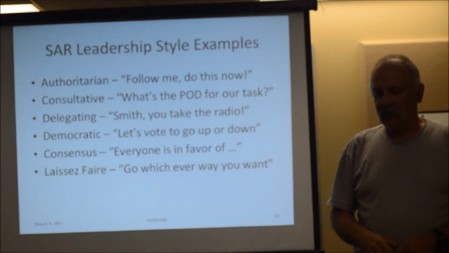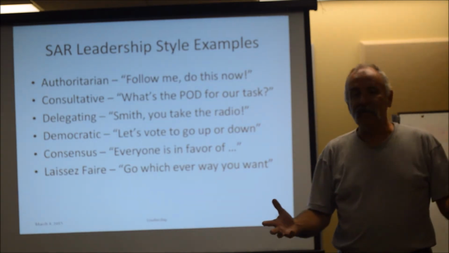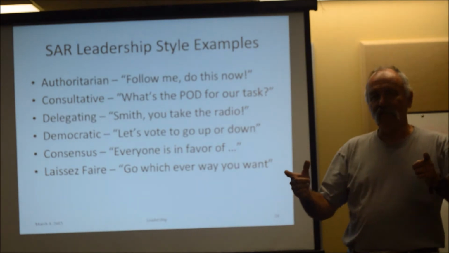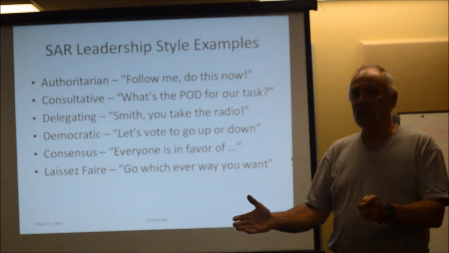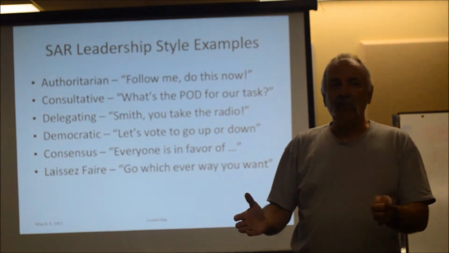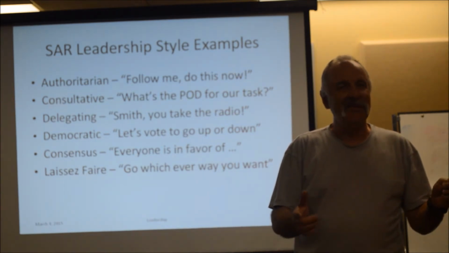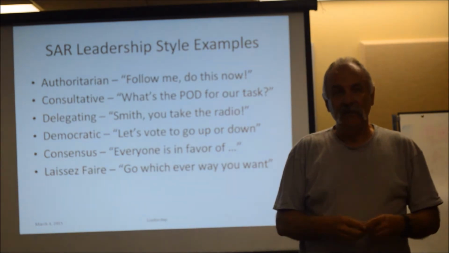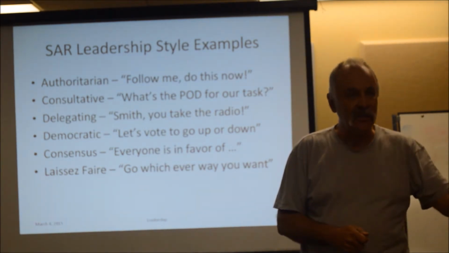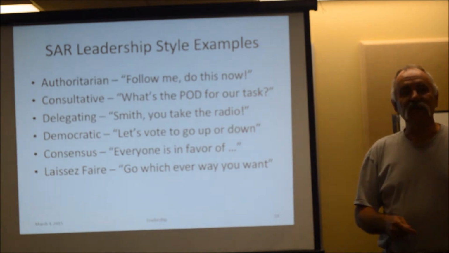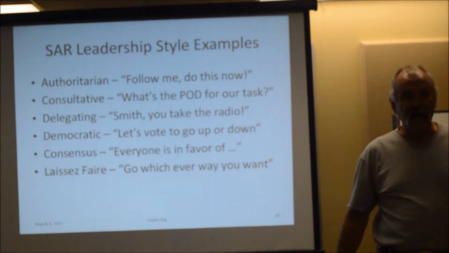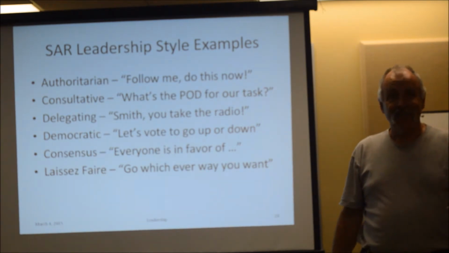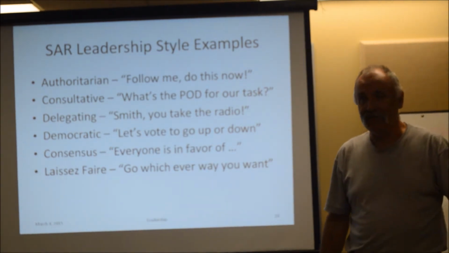And I will tell you right up front that authoritarian, even though it may be the appropriate style for some particular circumstances, with emergent volunteers, that probably won't work because they don't necessarily acknowledge you as an authority. They may after a while, after you've been talking to them and teaching them, but initially if you just say, okay, line up behind me, let's go, you know, and even then, they may wander off.